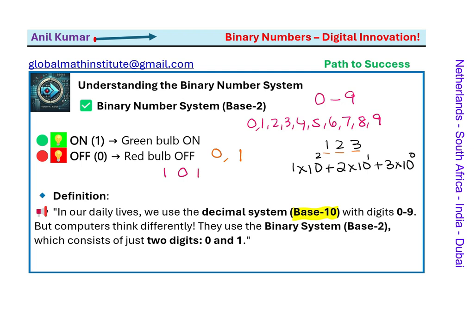Now, if my base is not 10, but it is 2, then this will be times what? This will be times 2 to the power of 0, just as we did 10 to the power of 0. And this will be times 2 to the power of 1, and that will be times 2 to the power of 2. You get the whole idea.